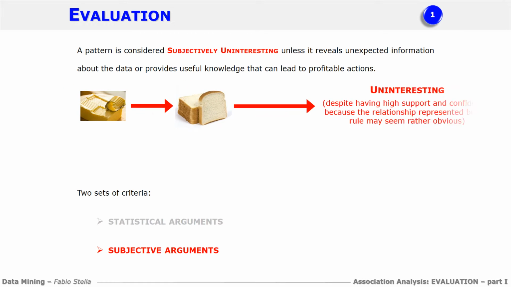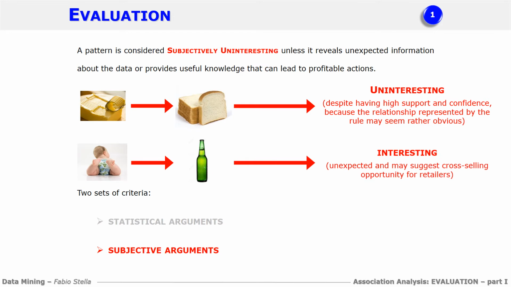This rule is known to be uninteresting, despite having high support and confidence, because the relationship represented by the rule may seem rather obvious. On the other side, we have that the association diapers beer is known to be an interesting one, because it is unexpected and may suggest cross-selling opportunity for retailers.